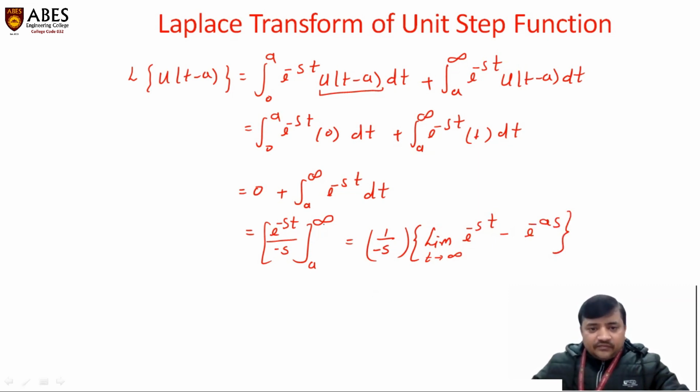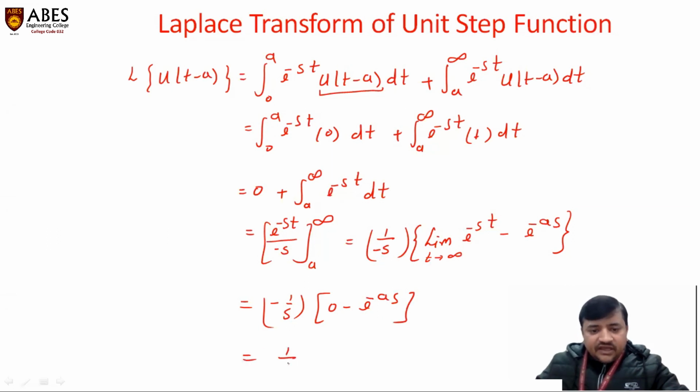When we impose the upper limit, we'll be getting e to the power minus st when t approaches infinity, and e to the power minus as, directly we replaced t by a. We know e to the power negative infinity approaches 0. So it will be minus 1 by s outside, 0 minus e to the power minus as.